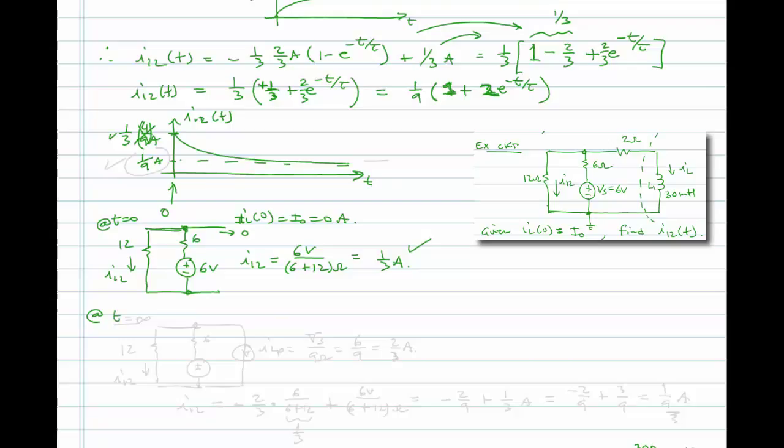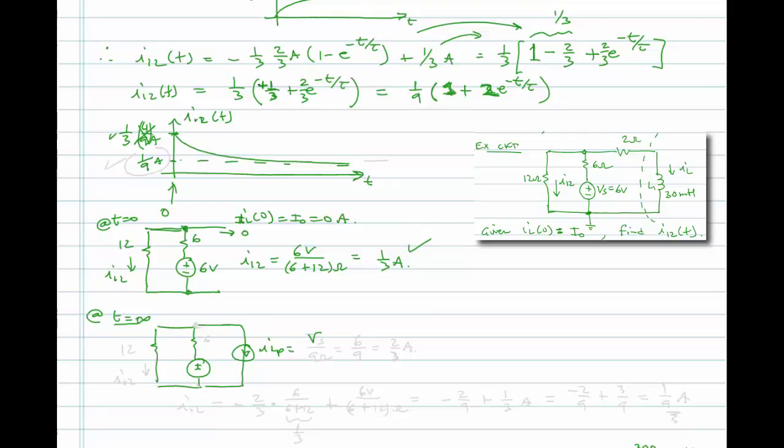So at time equal to infinity, then we would have, now we have an IL, and I'm going to actually draw it like as a current source. IL particular, we'd found before, was equal to, what was that?